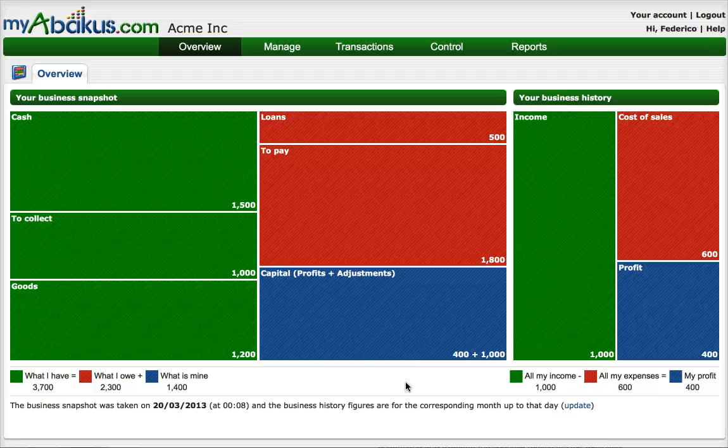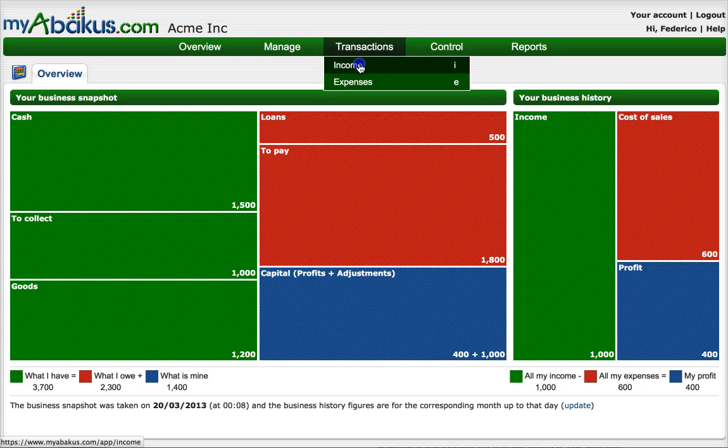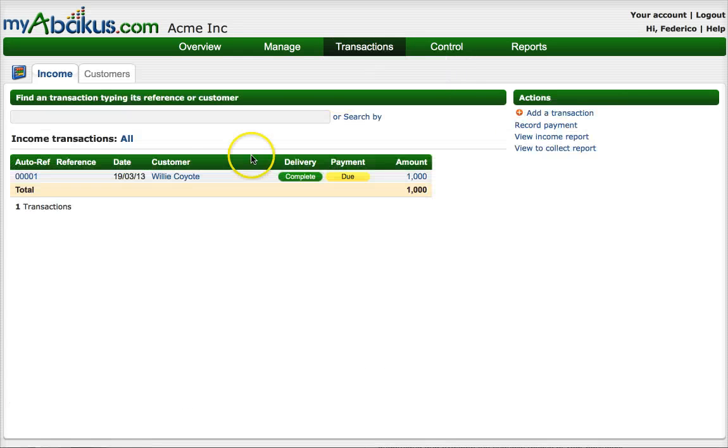What do I do now? Basically, I enter all the transactions that occurred from now on. Basically, I forget about the past. The past doesn't matter. We don't need to worry about that. We're just going to go and start entering transactions. And as we do, our list of income transactions is going to grow.